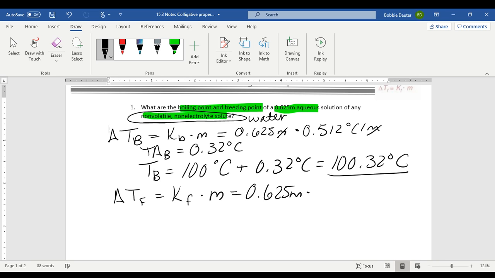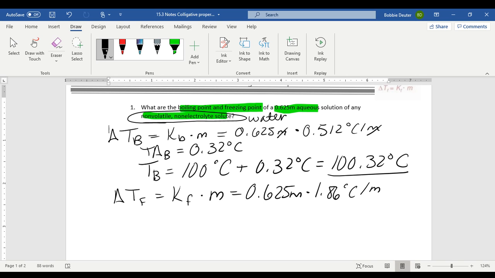But when we look at our table, we do have a different K_f than K_B. So the depression constant is different than the elevation constant. Make sure that we are looking at that table to find that constant. And again, that is in an attached document. K_f is 1.86 degrees Celsius per molal times m.